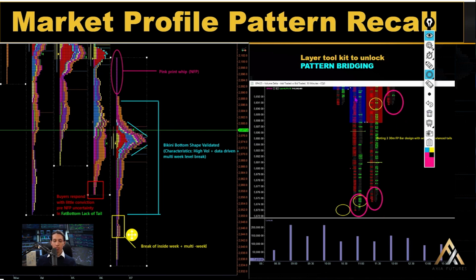Now, these 3 circles here, I know it's hard to see, but if you look at the offers lifted on the right and the bids hit on the left, essentially there were no offers left to lift on the right side of the footprint profile, meaning that there were literally zero buyers willing to lift at the price that the sellers were selling the market at, and that is reflected within the bottom of those 30-minute bars on the ES. Not the Russell, but the ES.